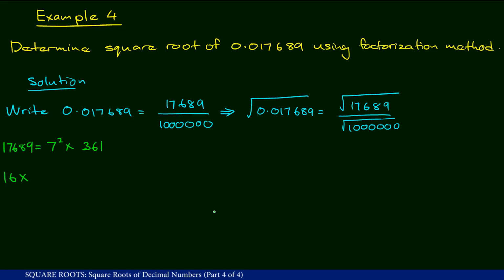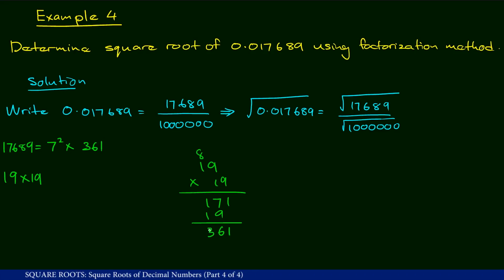Perhaps it is 17. 17 times 17: 7 times 7 is 49. The last digit is 9, so we know that it's not right. Can it be 18? Of course not either. Maybe 19. Yeah, 19 looks more promising. 19 times 19: 9 times 9 is 81, then 17, and 9 and 1, so that becomes 361.